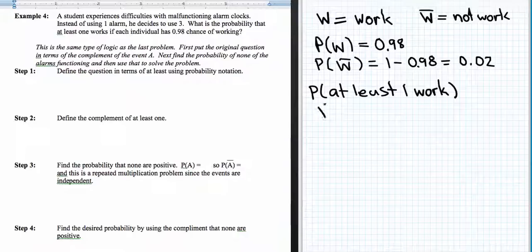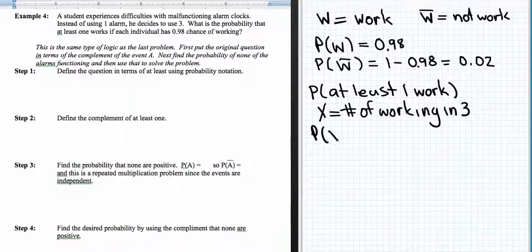So let's say X is the number of working alarms out of 3. This probability is the probability that X is greater than or equal to 1. That's the at least one working. And now we're going to redefine that as 1 minus the probability of X being less than 1.